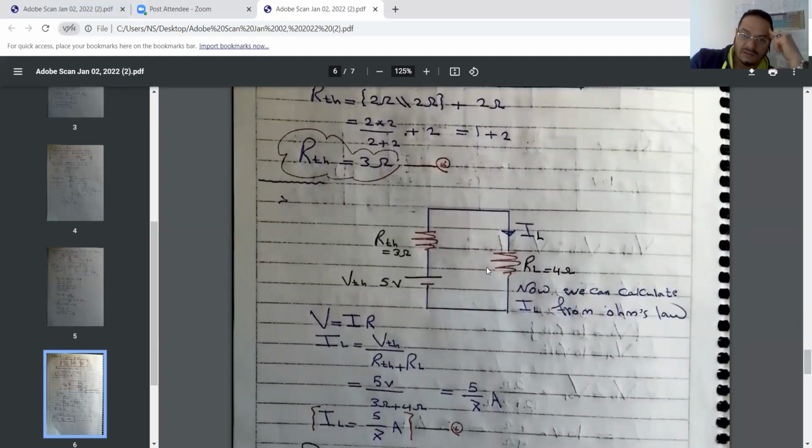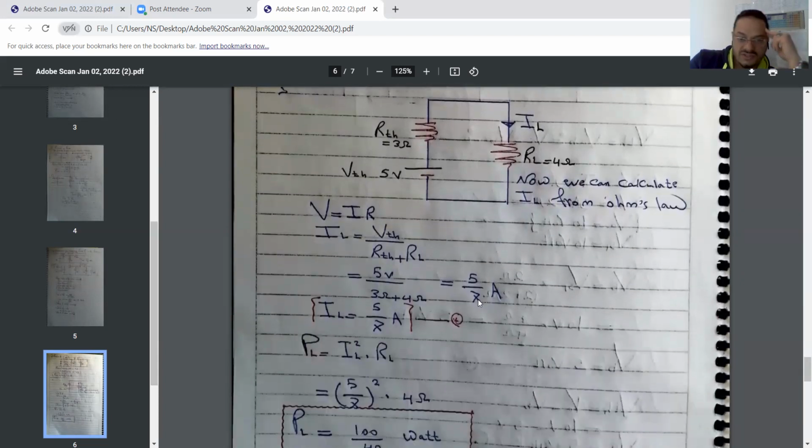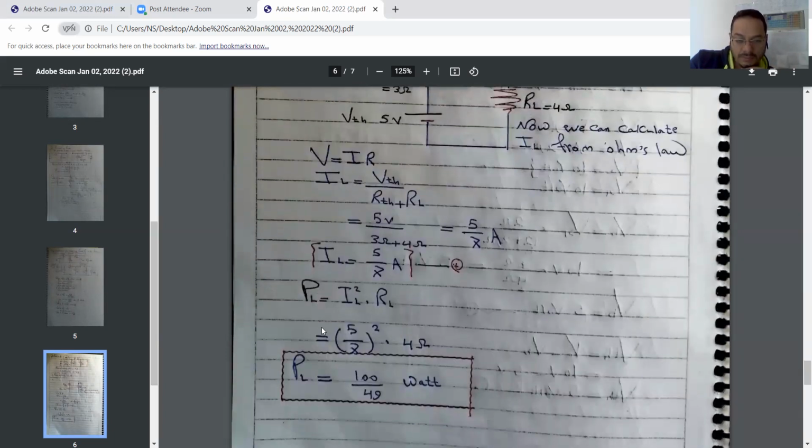Here, IL equals Thevenin voltage divided by Thevenin resistance plus RL, to be 5 divided by 7 ampere. Now we can calculate PL by the square current dot resistance, or we can say V dot I, voltage dot current, the same meaning, equal 100 divided by 49 watt.